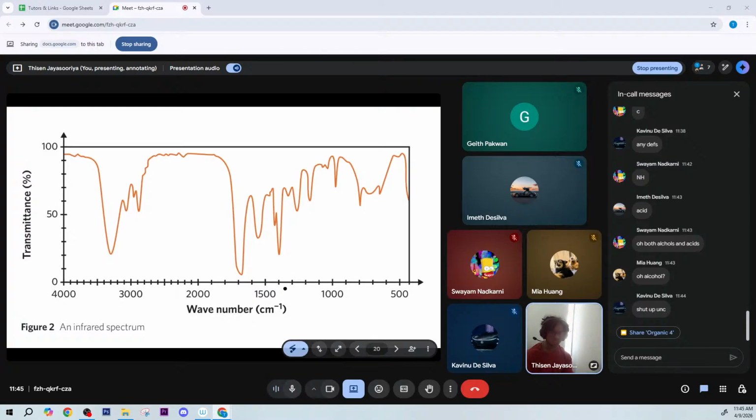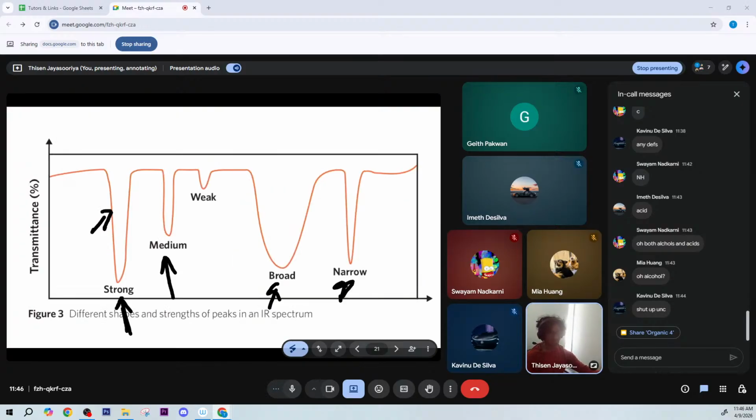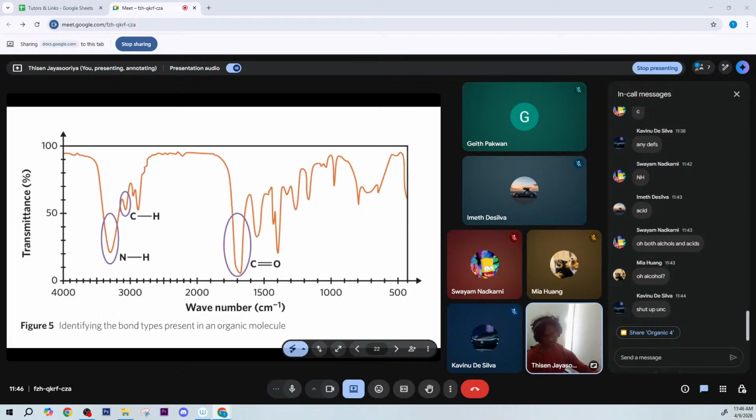So if someone asks what the fingerprint region represents, it represents the length of this compound, whether we're dealing with a really large compound or really small compound. So the more activity in that region, the larger the compound.